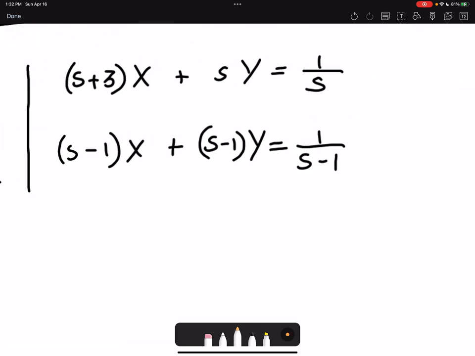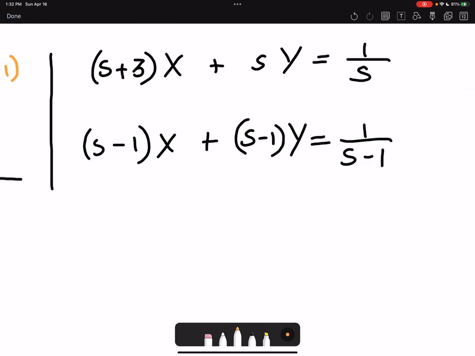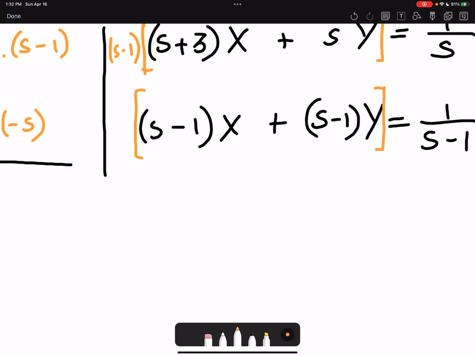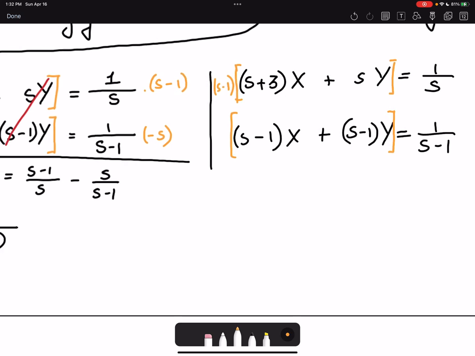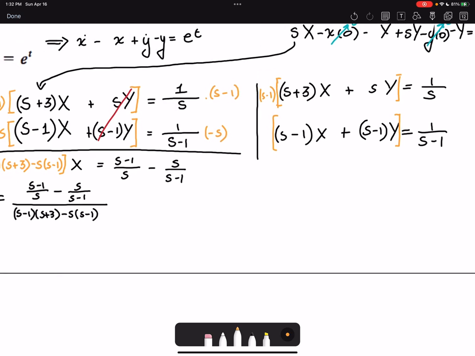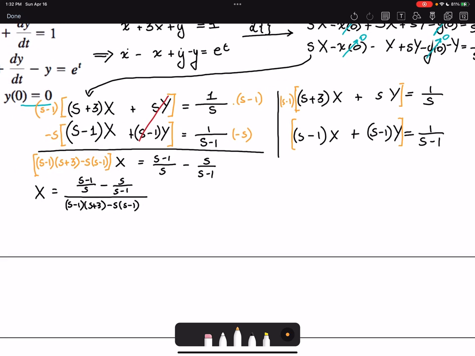Now I want to cancel the X. So to cancel the X, I need to multiply the top by s minus 1 and the bottom by negative s minus 3. Does that check?